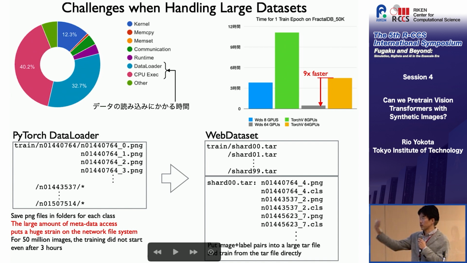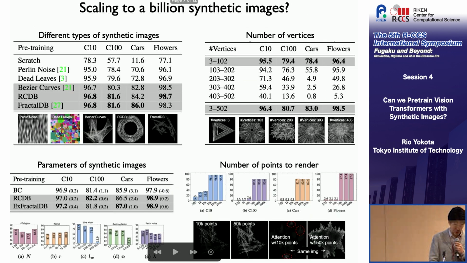So you can actually cache this on your local SSD if your system has such a thing. And so this is now quite standard, and this, first of all, releases the pressure on the inodes, and also it improves the I/O time drastically. Okay, and with that, now we can ingest a huge amount of synthetic images.